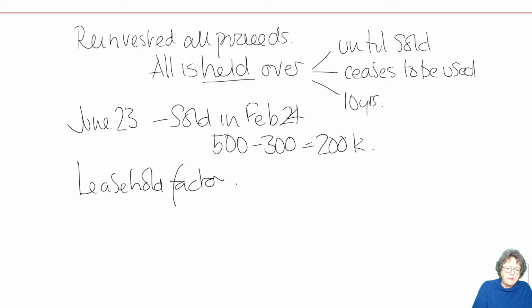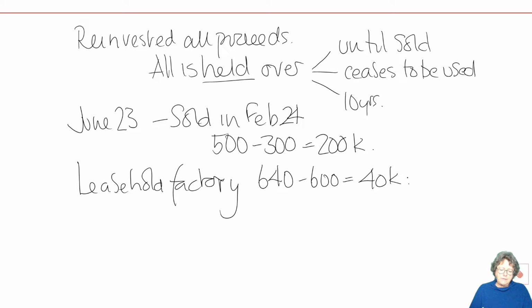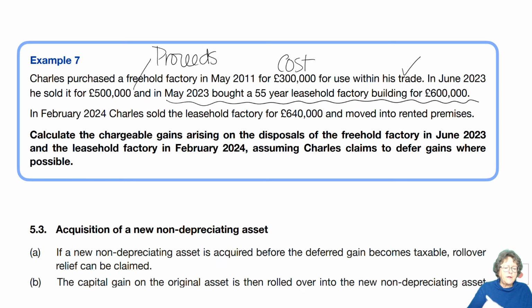There's going to be a gain on that of 640 proceeds less cost equals gain. And he can't have business asset disposal relief, sorry, he can't have BADR because he didn't dispose of the whole of his business. So that's the sort of thing that you might get, a very small kind of question.